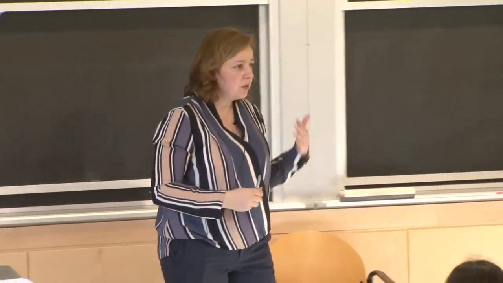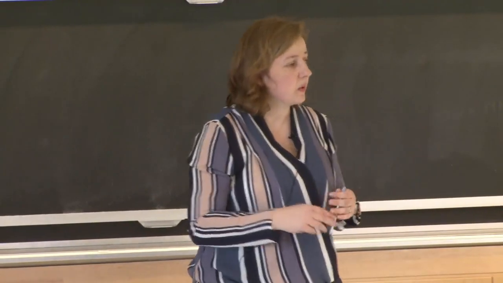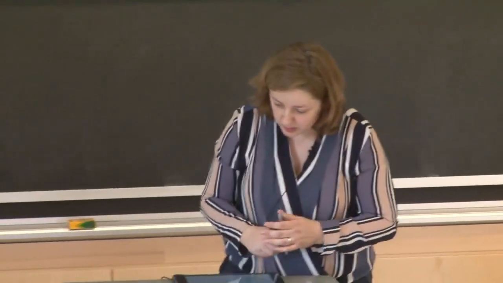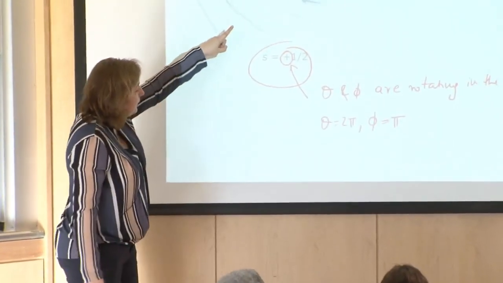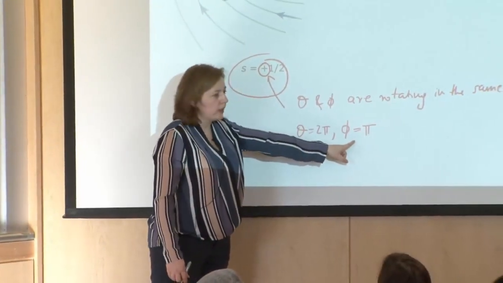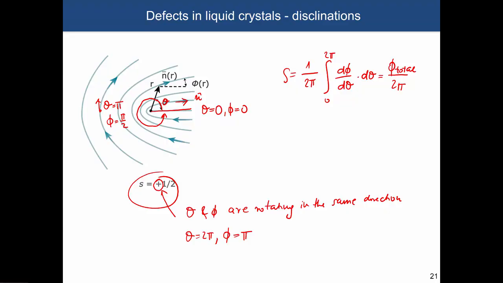So the plus means that these two angles have the same trend or the same direction. The number 1/2 simply means that for theta equal to 2 pi, the change in phi is equal to pi, and therefore the strength in this particular case is plus 1/2. In other words, when you make one full circle, the overall change in the director will be pi. So for that reason, it's plus and 1/2.